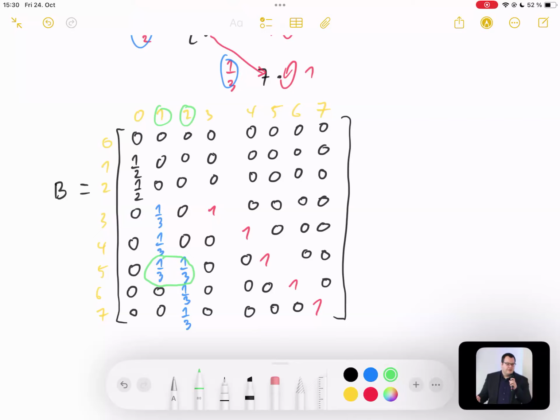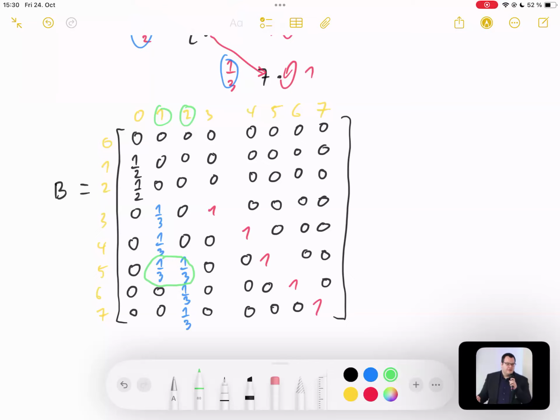The columns, someone writes, each column would add up to 1. Yeah. What happens to the rows? The rows do not add up to 1.